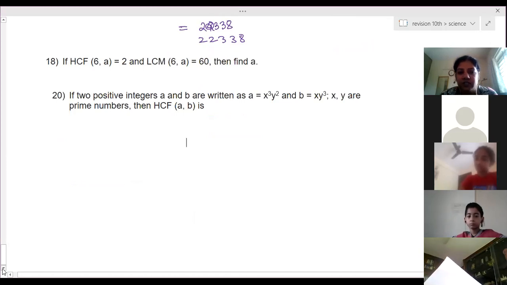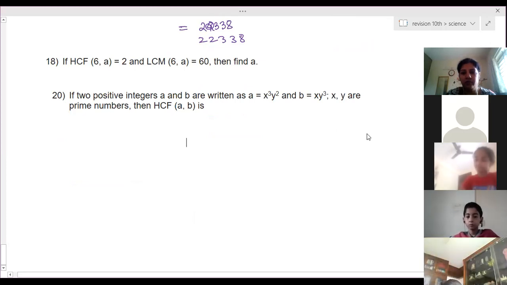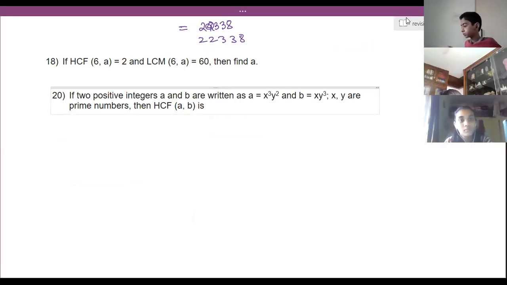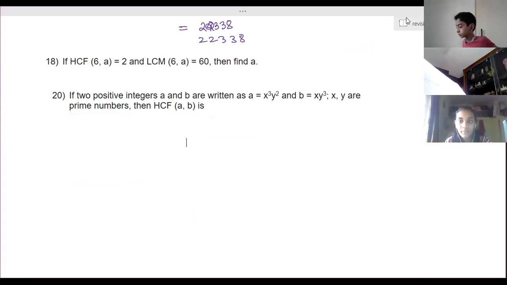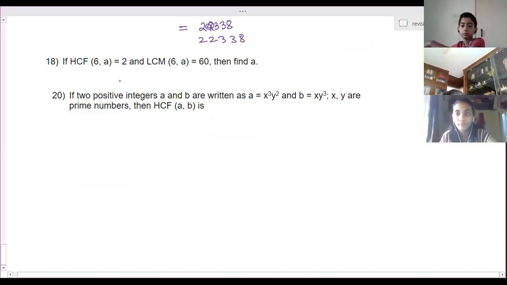If two positive integers a and b are written as a is equal to x cube y square and b is equal to x y cube, where x and y are prime numbers, find HCF of a and b. Now to find HCF, I will tell you the common method and then how to immediately find it without doing anything.